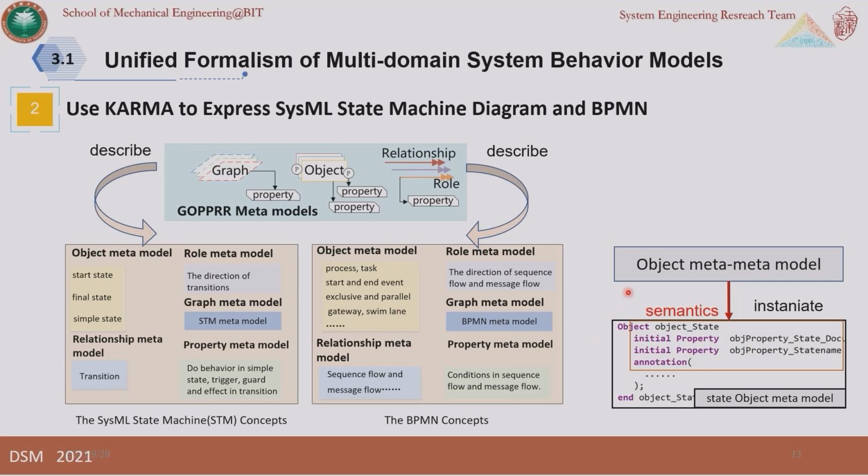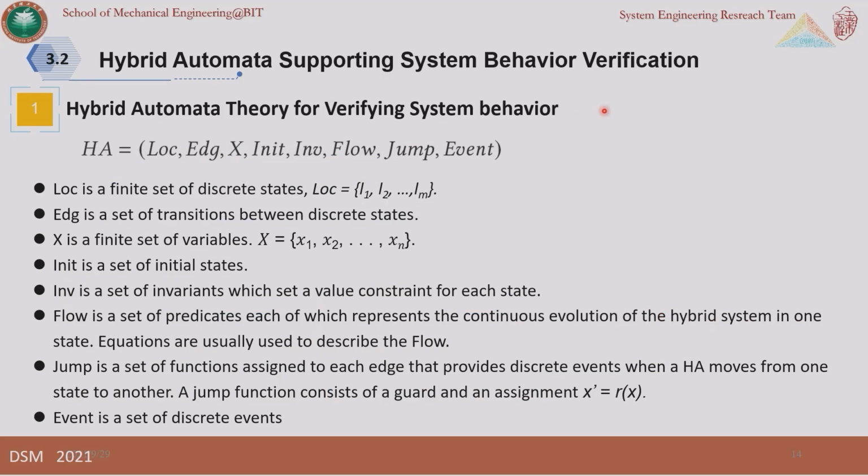These meta models are developed based on Comma by adding semantic concepts of STM and BPMN. For example, the object meta model is instantiated as a state object meta model by adding object state semantics. So Comma can support unified expression of multi-domain behavior models.